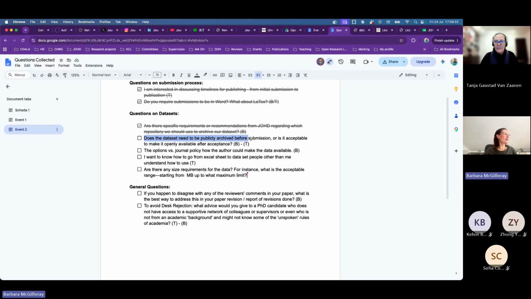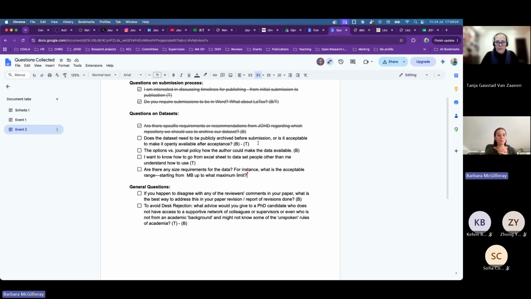Okay, this is a question that we tend to be asked. Because it's a journal of open humanities data, we do need the data set to be open. The question here specifically is about the timing. We do ask our reviewers to check the data set for basic information, so we do need the data set to be openly available.